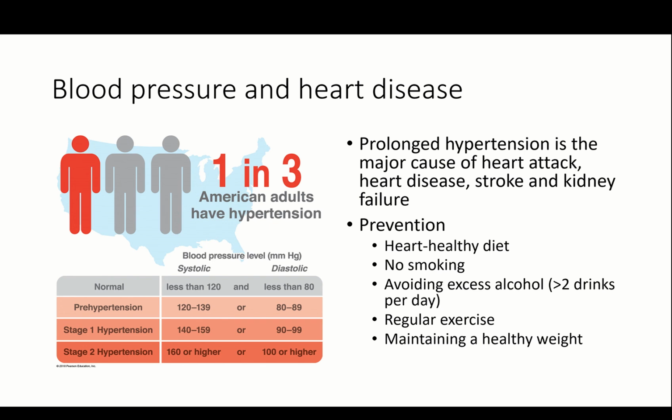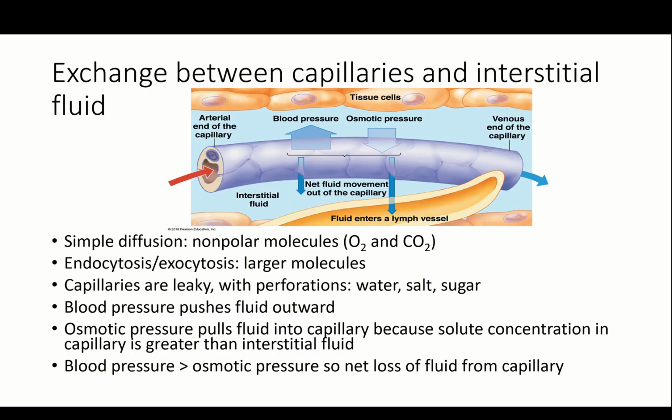Avoid excess alcohol, limiting yourself to no more than 2 drinks per day. You're a college student, so I understand this is going to be a concern for some. And then, maintaining regular exercise to help maintain a healthy body weight can also help prevent heart disease.